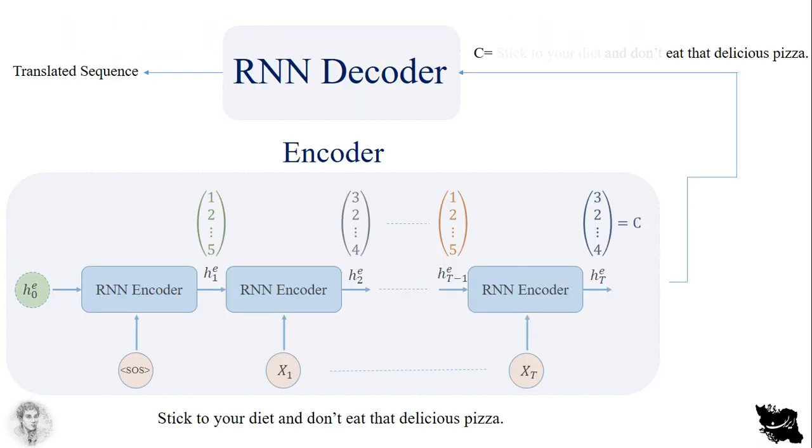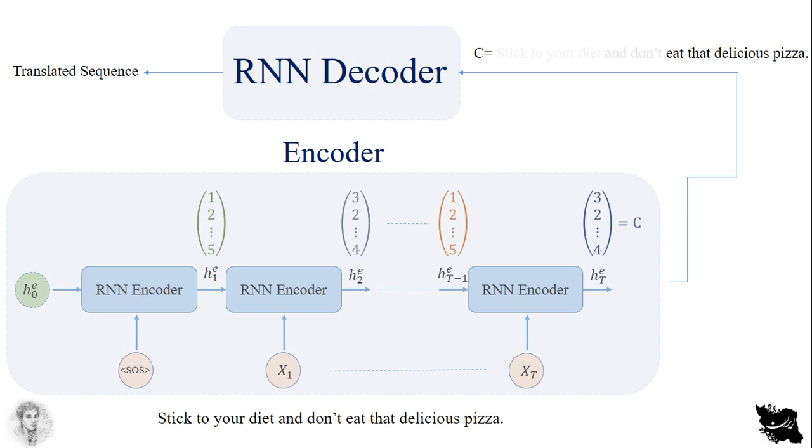Using the last hidden state of the encoder leads to a serious problem arising from the fact that a long sentence conveying lots of information cannot be entirely distilled in the last hidden state of the encoder, since recurrent neural networks suffer from the incapability of preserving long-range dependencies. For instance, assume you are attempting to translate the sentence "stick to your diet and don't eat that delicious pizza" to the Persian language.